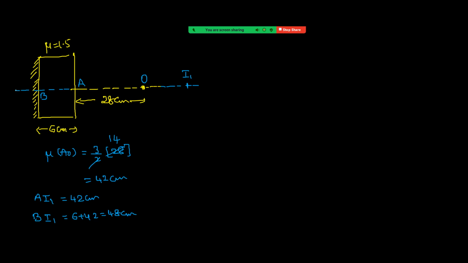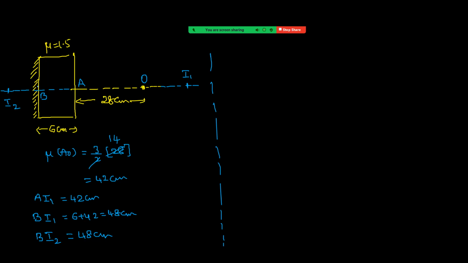So I am showing here, this I am taking as I2. So the distance BI2 is equal to 48. Why 48? Because the distance of image and that of object from the mirror are the same, right?